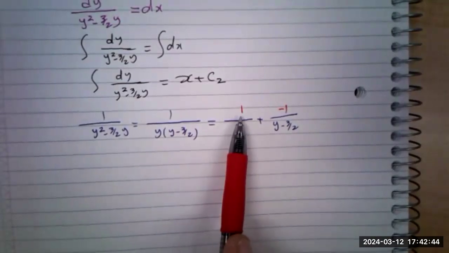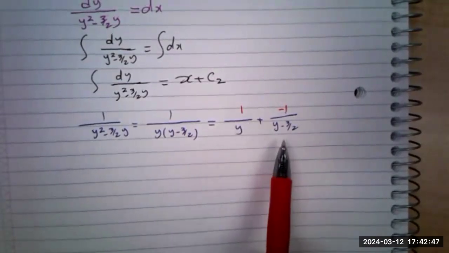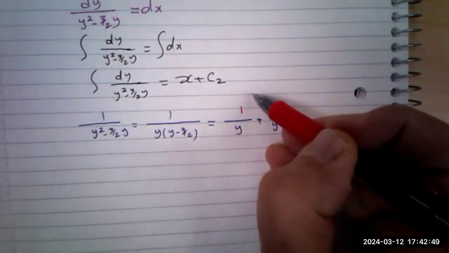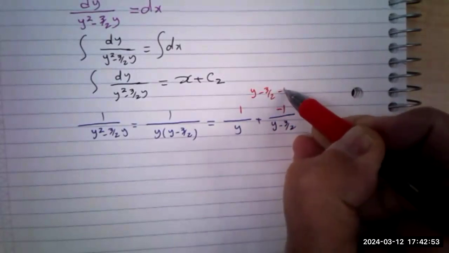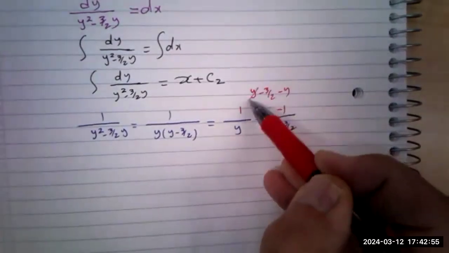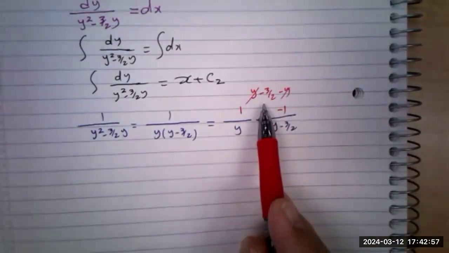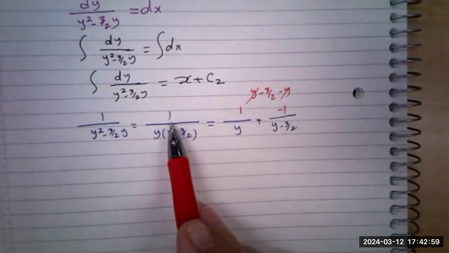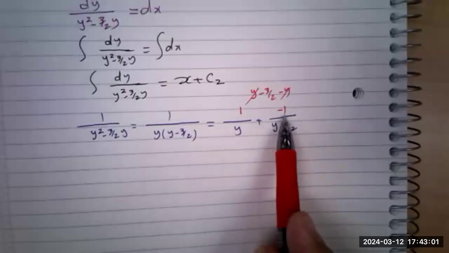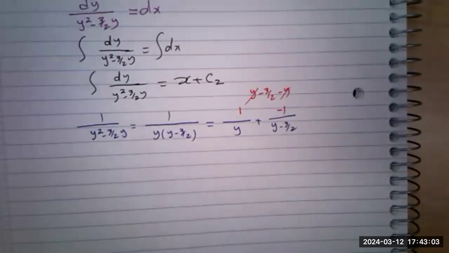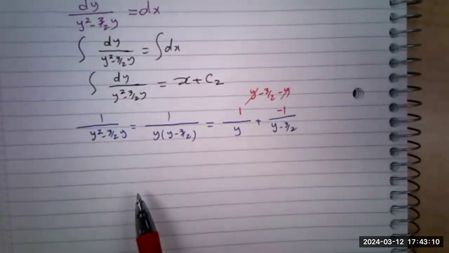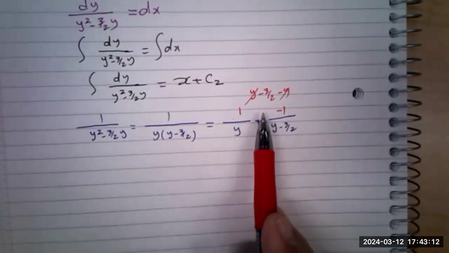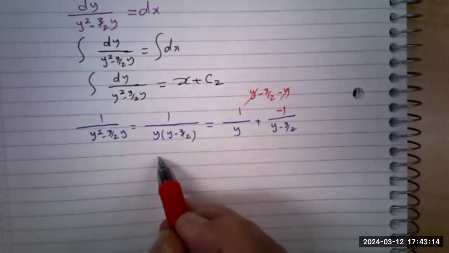If you do this, if you find the common denominator, the top would be y minus 3/2 minus y. So these two will cancel out. You get negative 3/2, and you want 1 here. So you have to divide both sides by negative 3/2. If you divide this by negative 3/2, that gives you the result. Okay, so this is it.